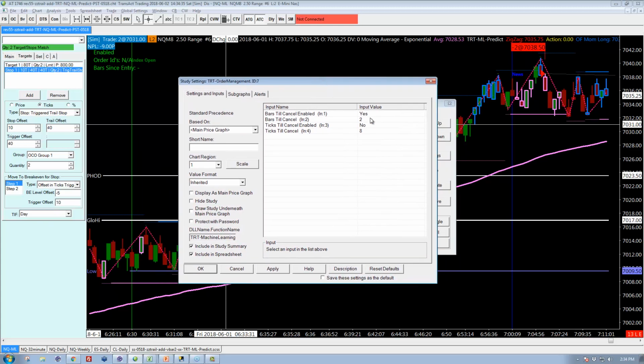You can do it two ways now. One is the number of bars, the other is the number of ticks. If the market moves 2 bars without getting filled, then it'll cancel the order. Or if it moves X number of ticks without getting filled, then it will cancel the order.